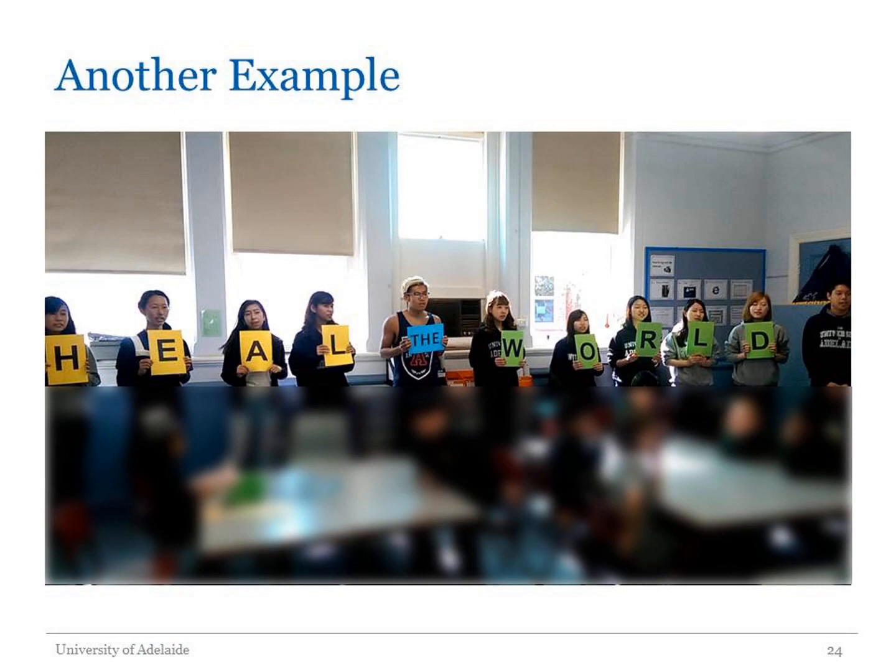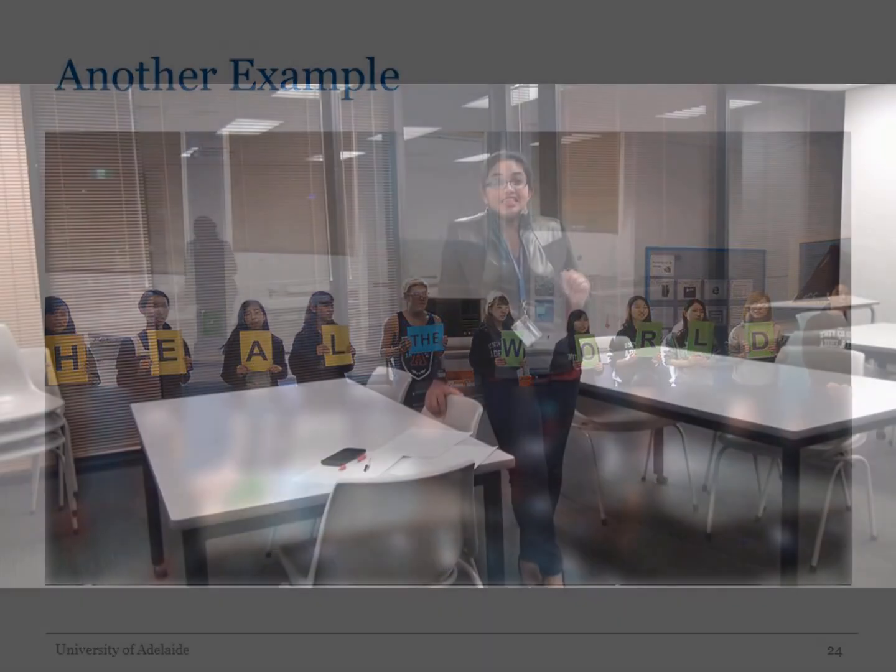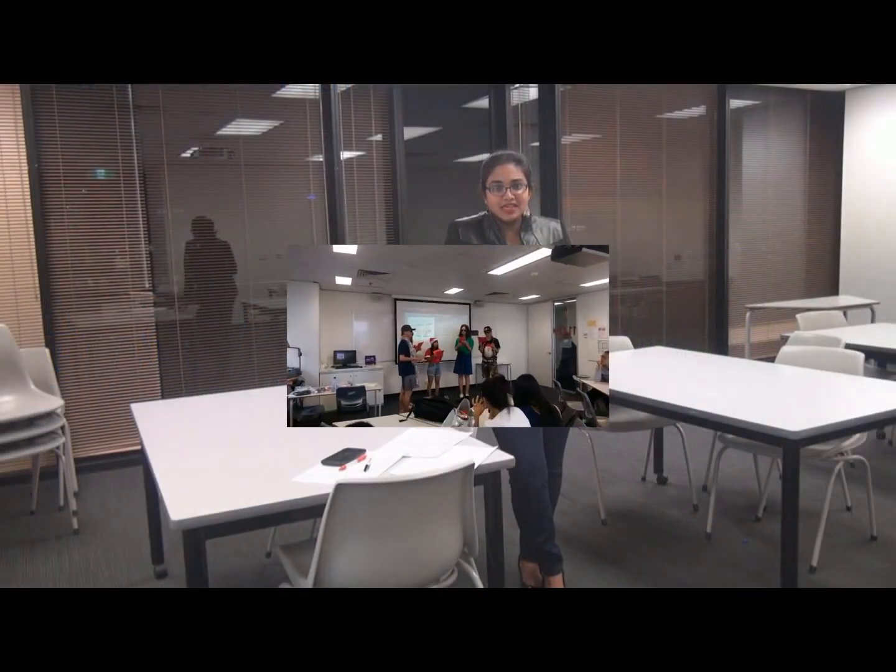Or perhaps even to the public in Rundle Mall. Here's an example of an all Japanese class performing Michael Jackson's Heal the World to a junior primary class. And this is how much fun my students had performing Aussie Jingle Bells.